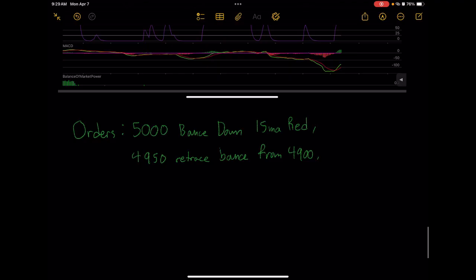And then lastly, 48.50 retracements from the 4,800 level. So these are green. These are green candles we're looking for on the 15-minute chart.